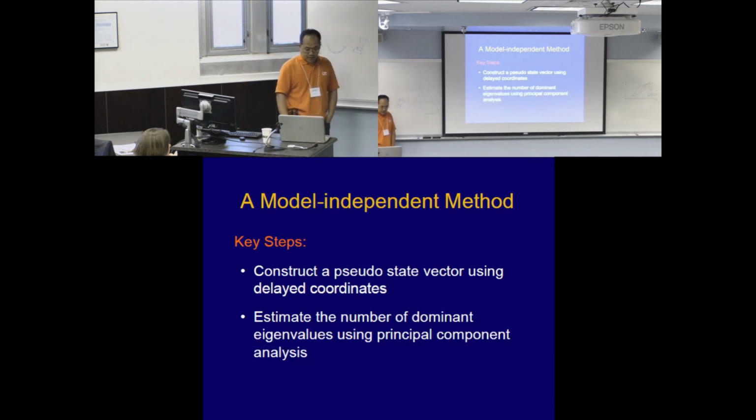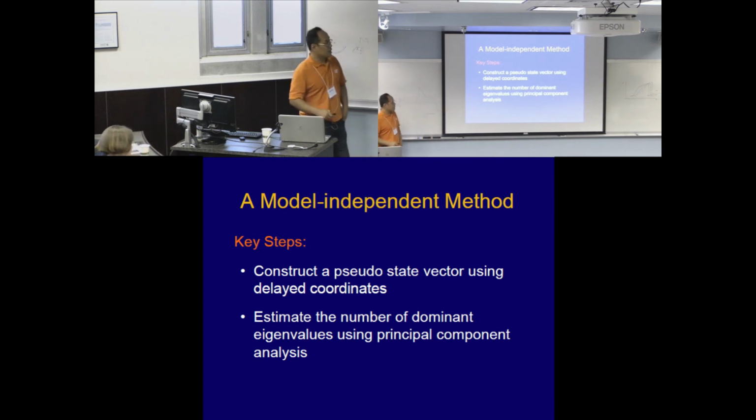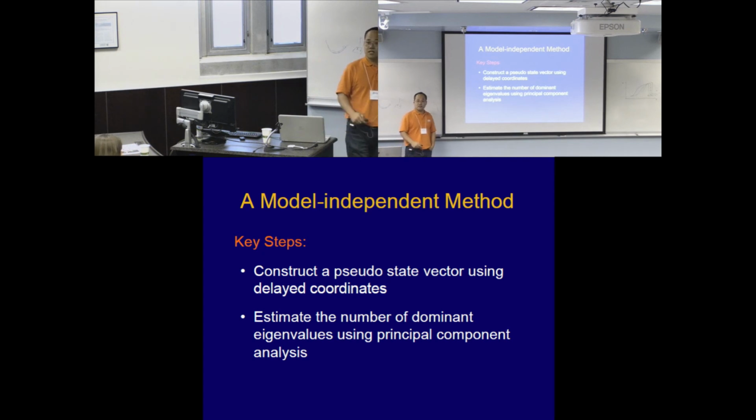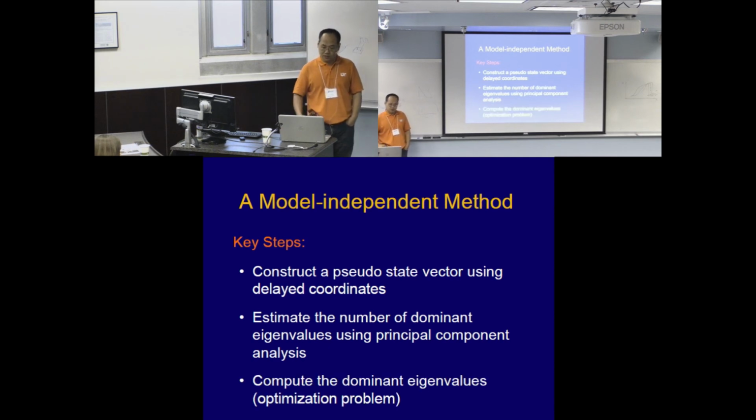Using that, once you have this pseudo state space, the question is, I don't know the dimension, right? What is the proper dimension of a pseudo state space? Because if I don't know the system, I don't know the dimension. Then you can do some estimation on the dimension of dominant eigenvalue using principal components analysis, just as one example, or you can use some other statistical techniques.